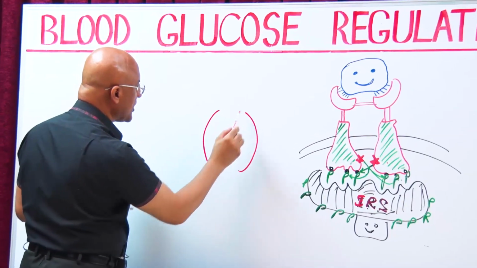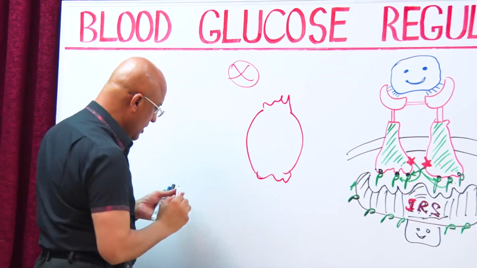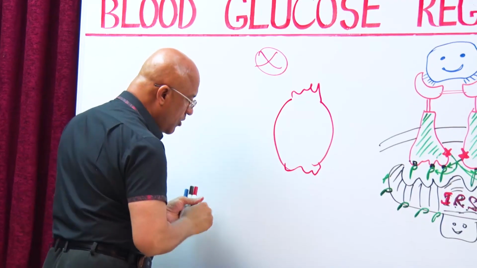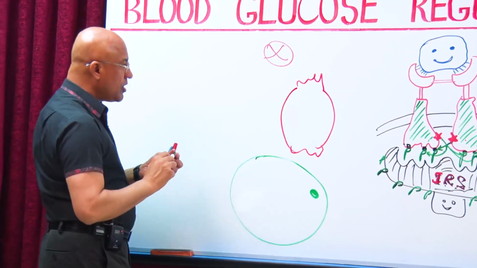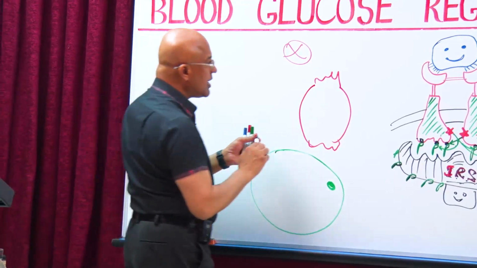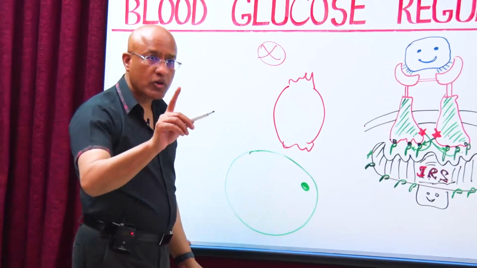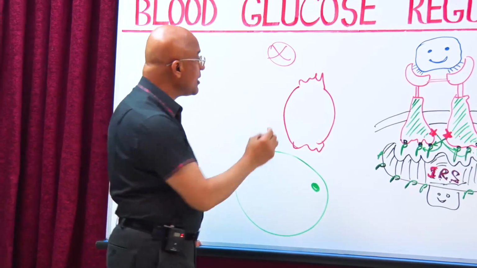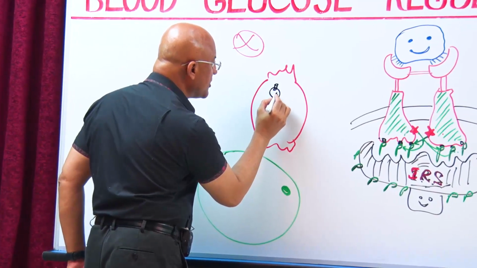Suppose this is skeletal muscle, right? Here it is myocardial muscle, and here is a fat cell. Now, GLUT4 are not normally expressed on the cell membrane. GLUT4 are normally present inside the cell on special vesicles.